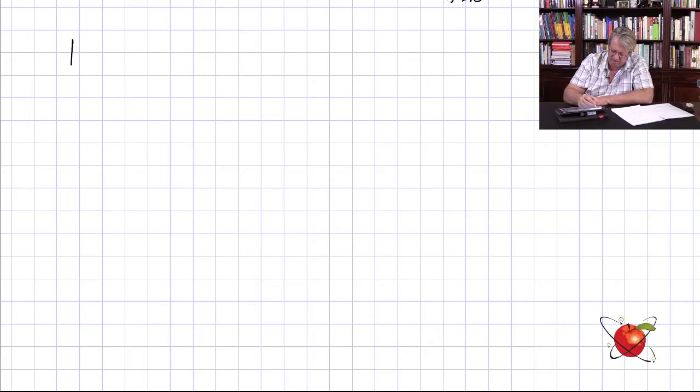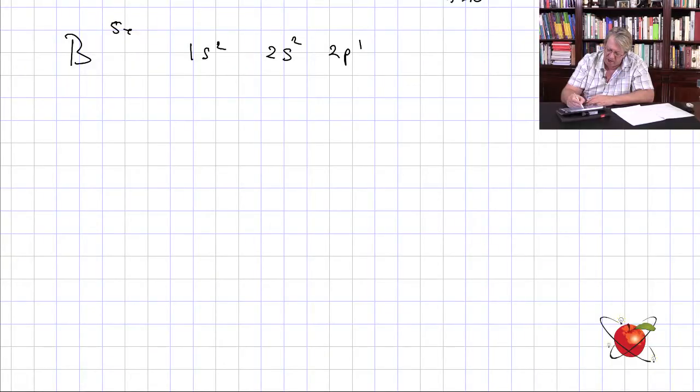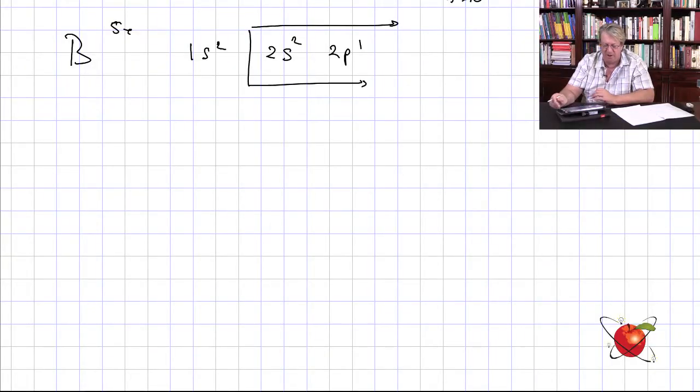So boron is element 5, which means it has 5 electrons, which means we can work out its structure: 1s2, 2s2, and 2p1. Now, when we draw the Lewis diagrams of these, remember we only do the outer shell. So therefore, we have got boron sitting over there.